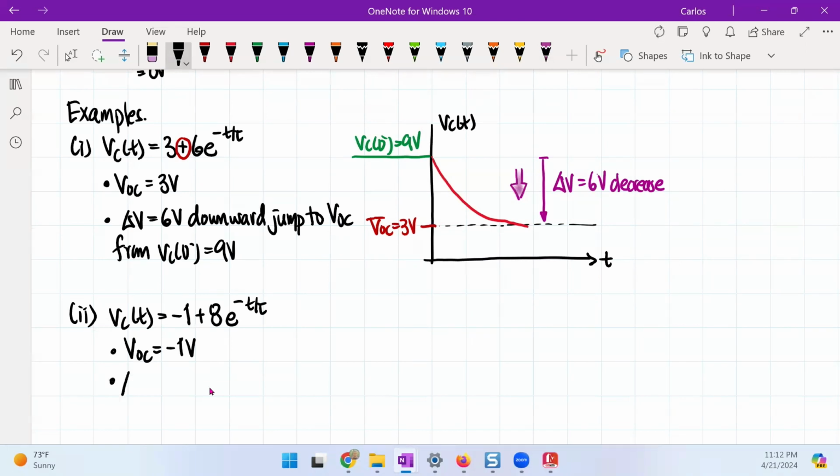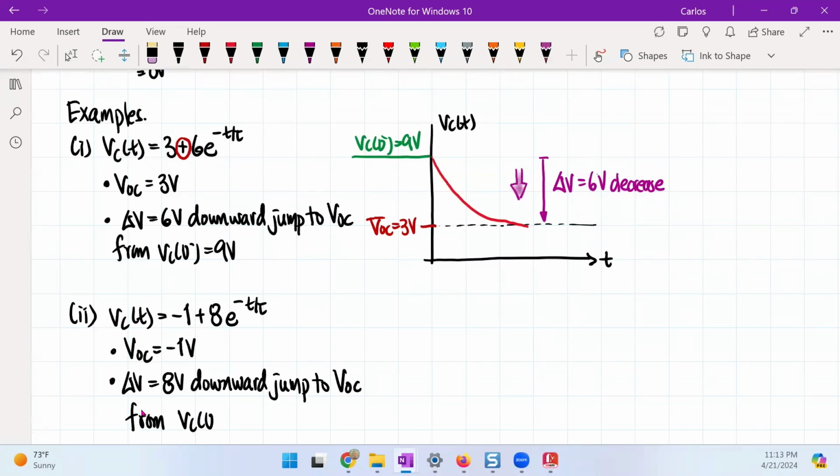My delta V here is 8 volts. So that means that's an 8 volt downward jump to VOC. But you can see that -1 plus 8 gives me 7. So that means that this voltage initially had to start at 7 volts.